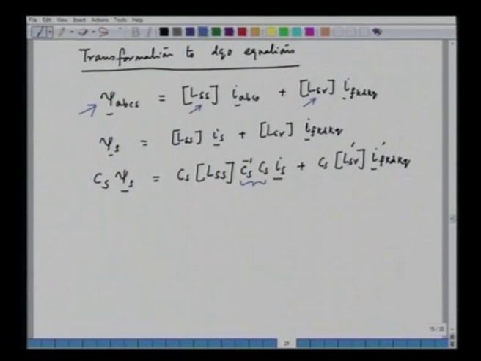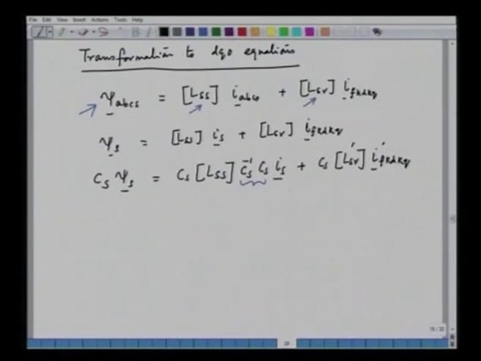This is a vector, plus Cs and I into L of SR. Now, we can convert this SR into SR prime by suitably multiplying the number of turns into IF KD KQ prime. So, when we multiply by suitable number of turns, we can convert the rotor currents into the referred currents from the primary side.